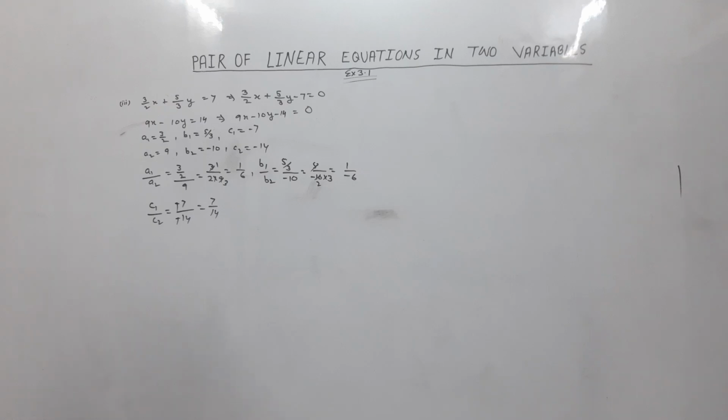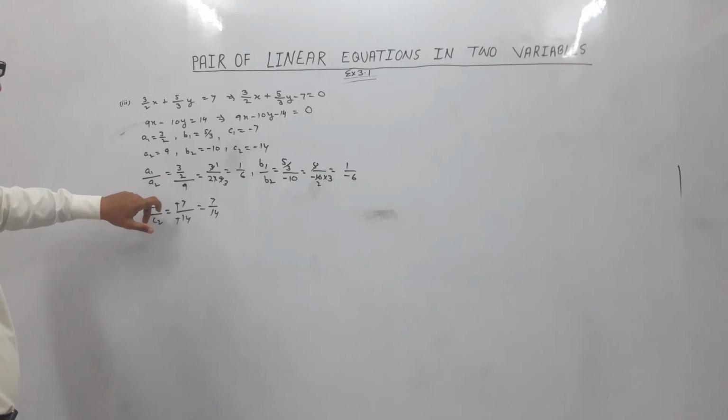Okay, so now you can see according to question 3 upon 2, 5 upon 3, okay, minus 7. Okay, no problem. So 3 upon 2 by 9.